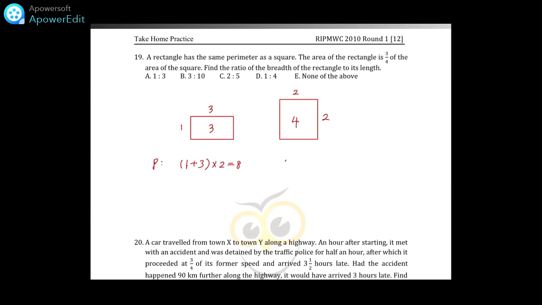For the square, this is 2 times 4. The perimeter is also 8. So they are the same. Now you find the ratio of the breadth of the rectangle to its length. This is 1 to 3. So the answer is B. So just do guess and check.